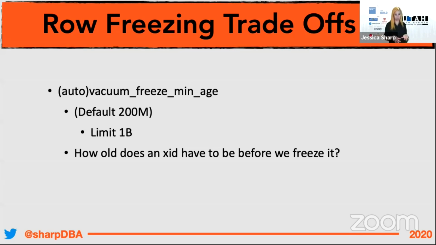If you've got a cycle for your transaction IDs, you want to predict what is going to be ahead of you and how much is behind you, because you want to be about 50% ahead of yourself.